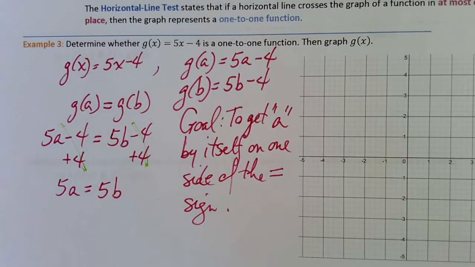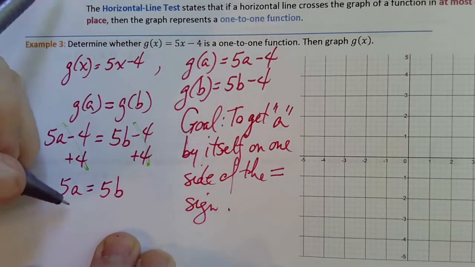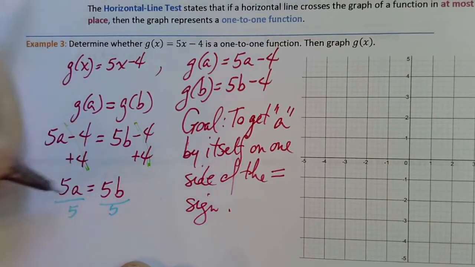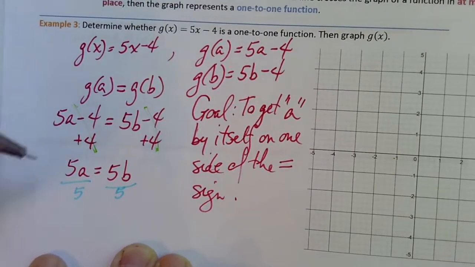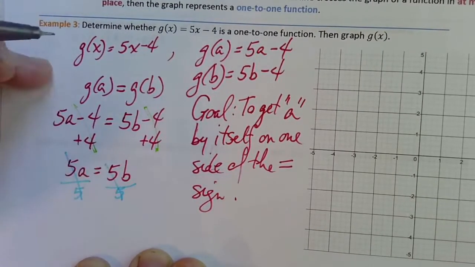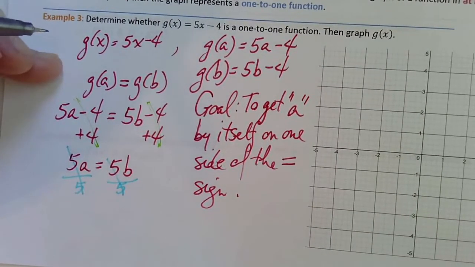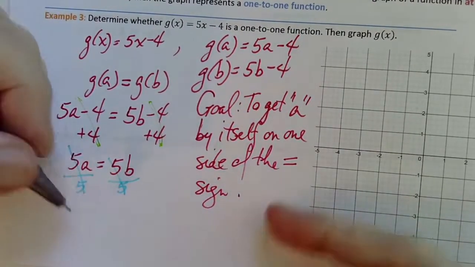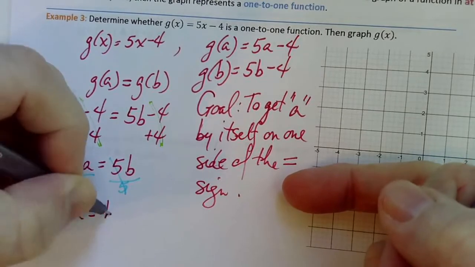Now again, I'm trying to solve for a. So I'm going to divide by 5 on both sides. And happily, that gets rid of the numbers in front of the variable on both sides. And we get a is equal to b.